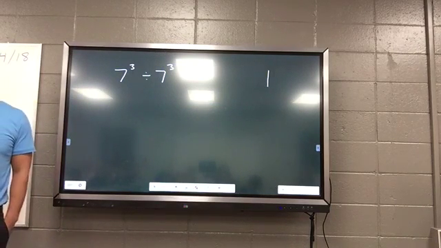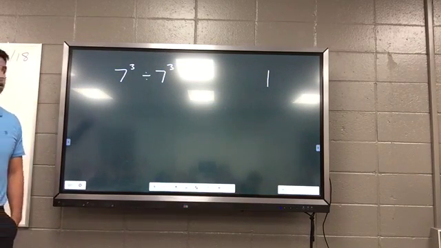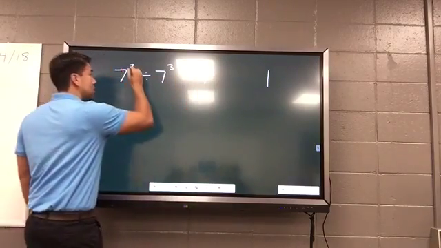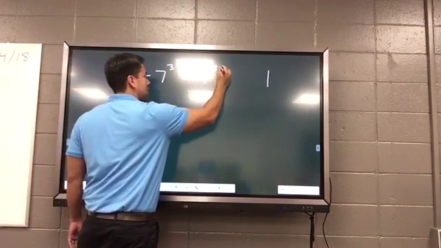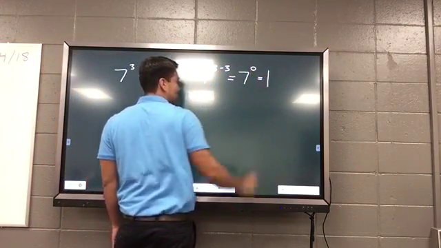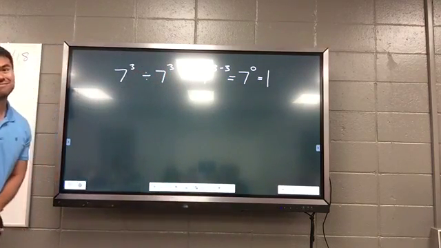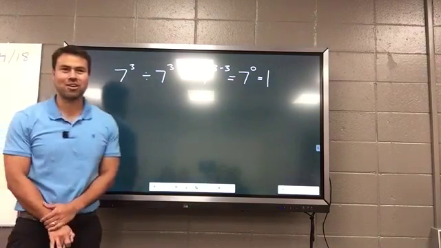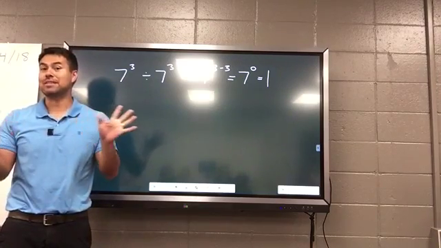Because if I use my law of exponents for division, what's 3 minus 3? I get 7 to the 0, and you're telling me that equals 1. Can someone explain why it equals 1? Because 7 to the 0 does not look like 1. It looks like 7 to the 0, or maybe 0.